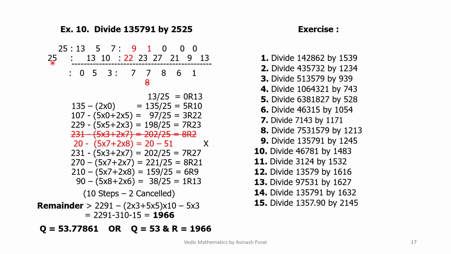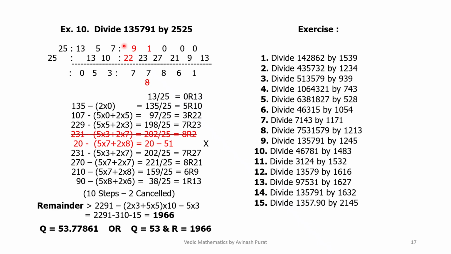Now 13 divided by 25 is 0, quotient is 0 and remainder is 13. So 135 minus 2 into 0, that is 135 divided by 25 equal to, quotient is 5 and remainder is 10.